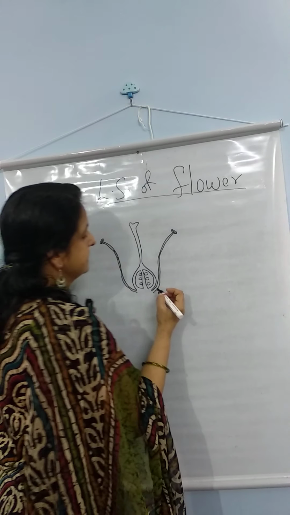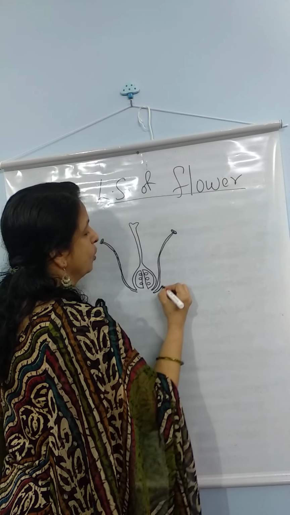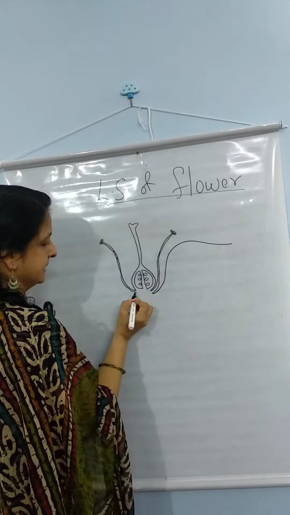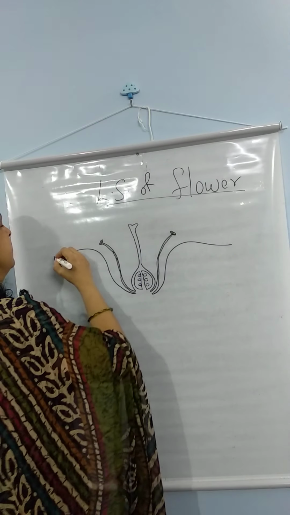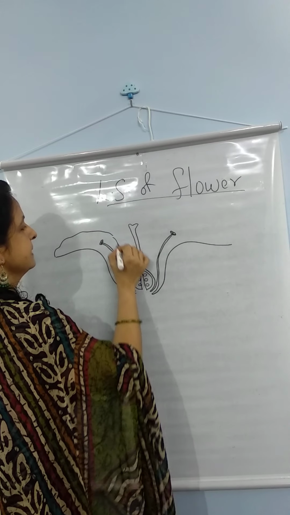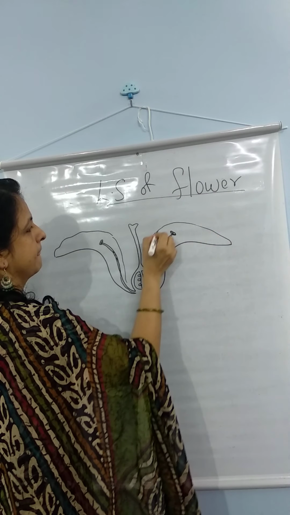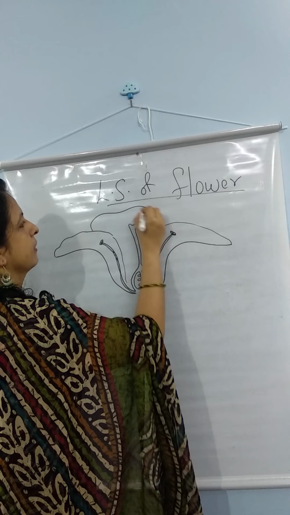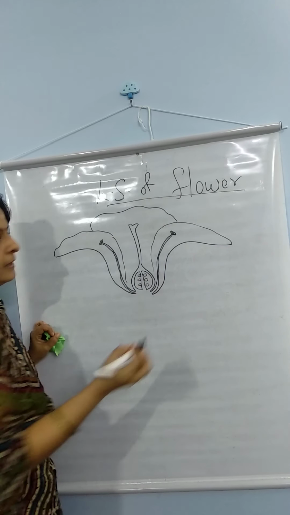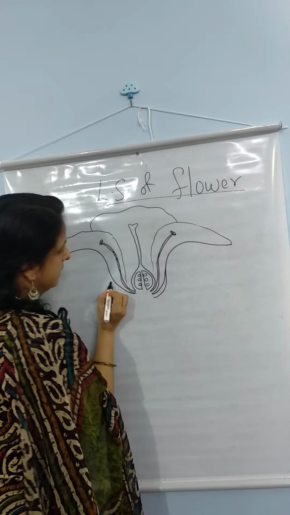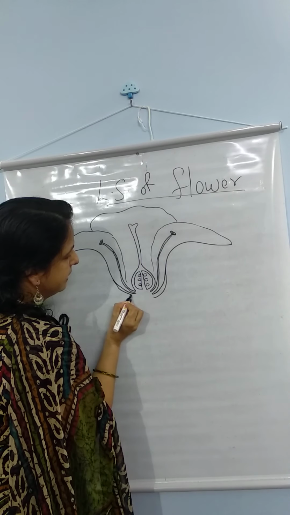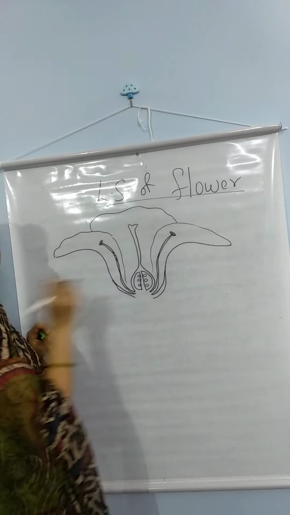Now the next is the petals, the corolla, like this. See? Now we will draw the petal like this. Now we will draw this part.